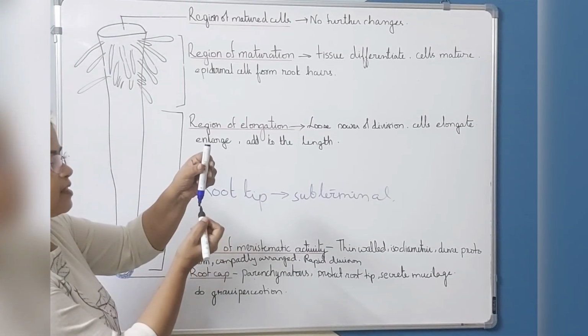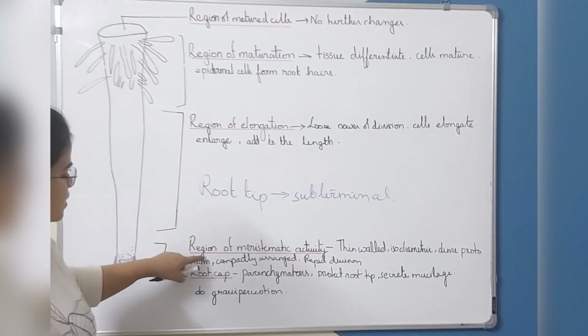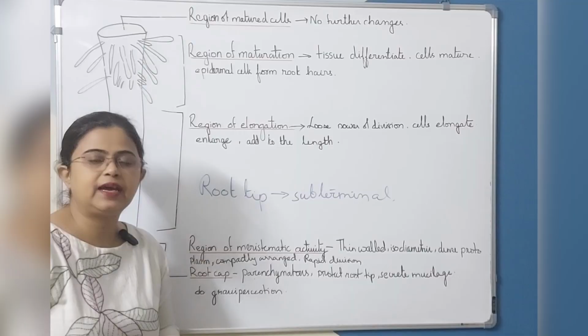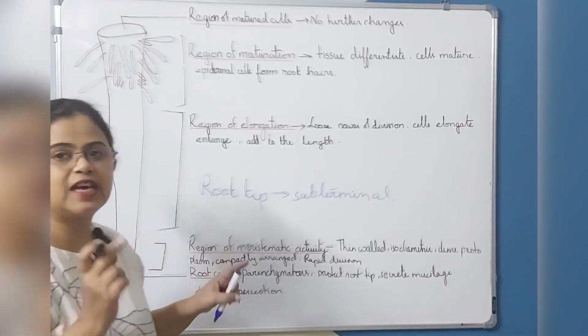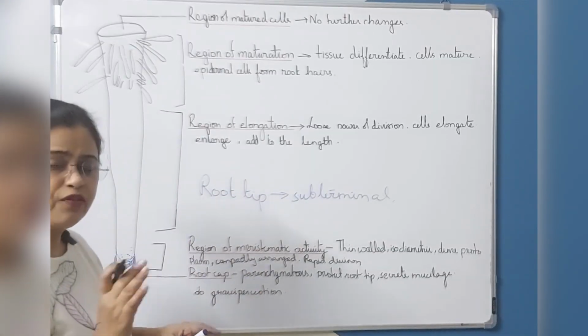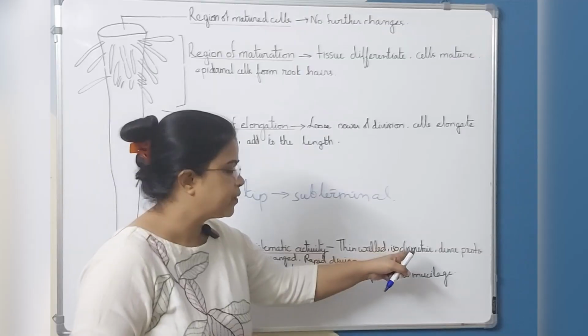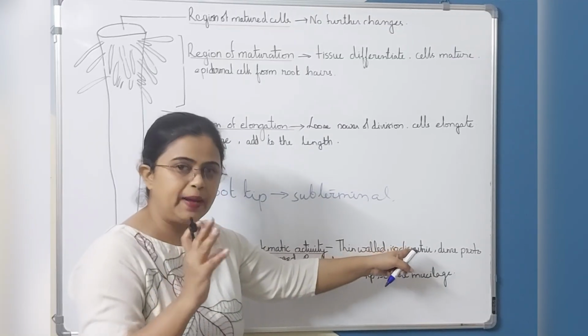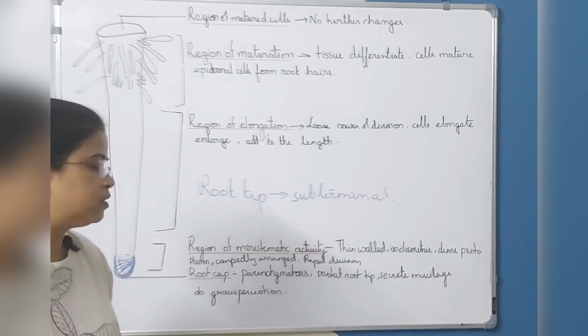इसके अंदर this is the root tip. यहाँ पे here is the region of meristematic activity. What does that mean? यहाँ के जो cells हैं, the cells are all meristematic. Meristematic cells means what? The features of meristematic cells anywhere is they are going to be thin-walled, isodiametric, compactly arranged, बिल्कुल space नहीं होगा, with dense protoplasm, right?